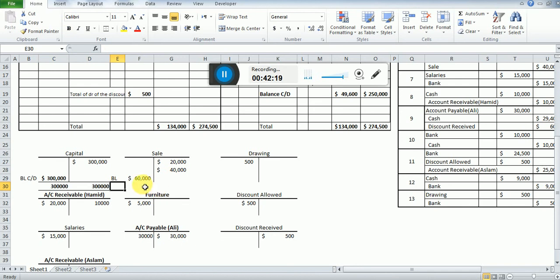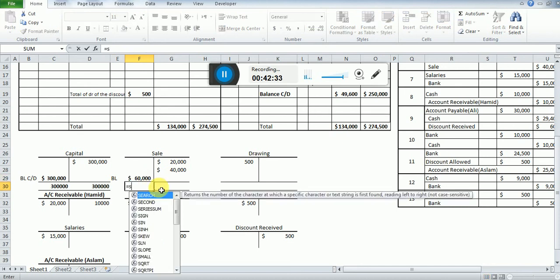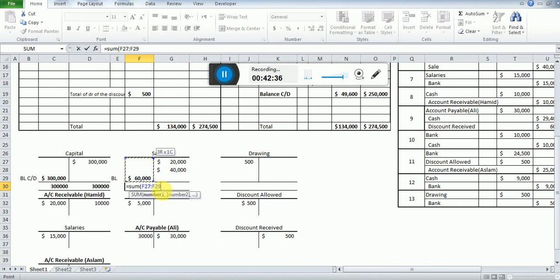I'm just doing it with a few of them, and then you should know how to balance. So this is actually the balance. I make it bold, the equal sign is sum, and this is the balance. And then this is the total.